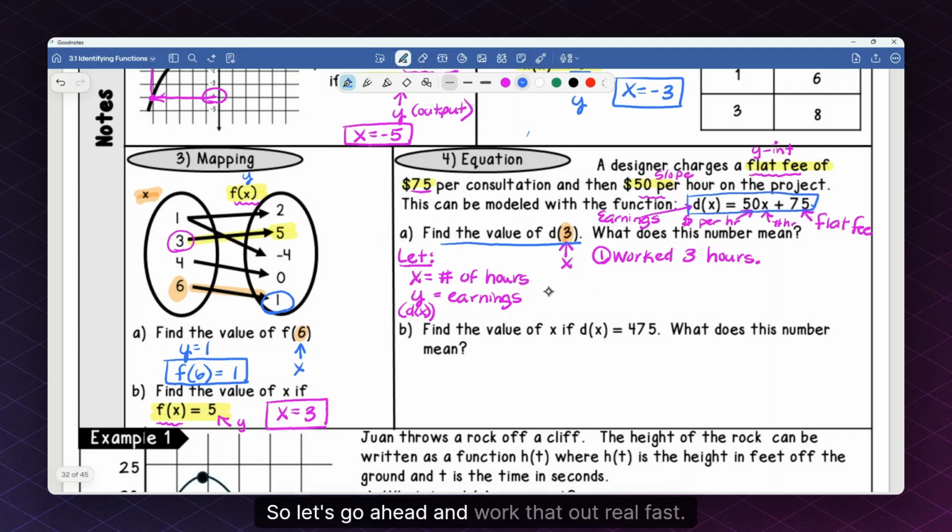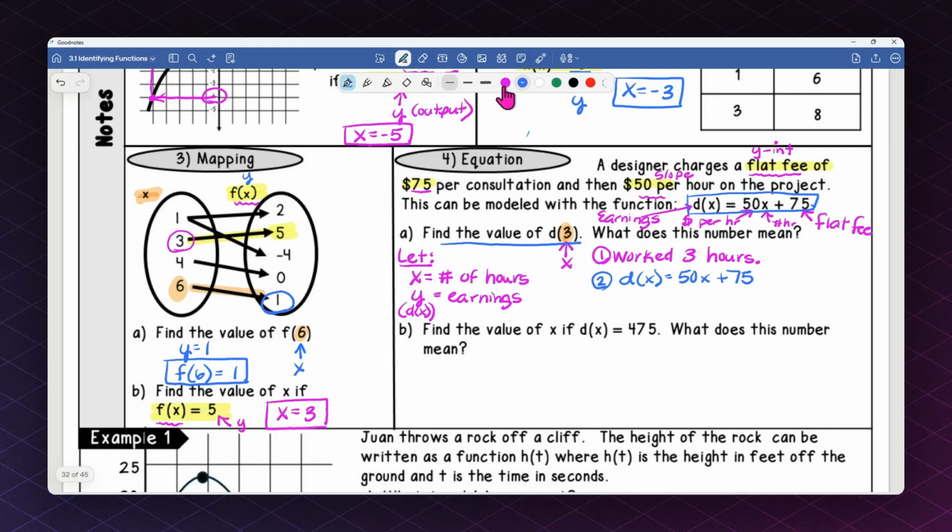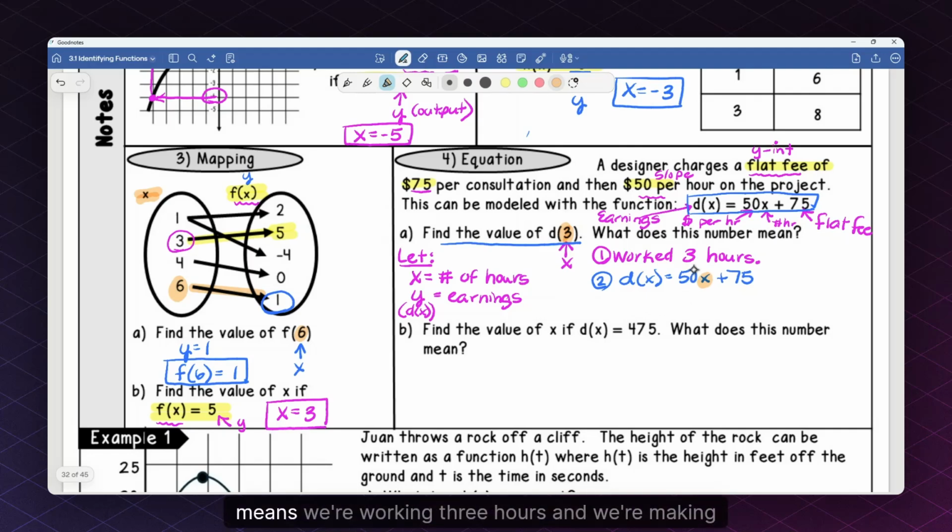Let's work that out real fast. We've got D of X equals 50 times X plus 75. I'm going to plug that 3 in for that X because we're working 3 hours and we're making $50 per hour, which is awesome.